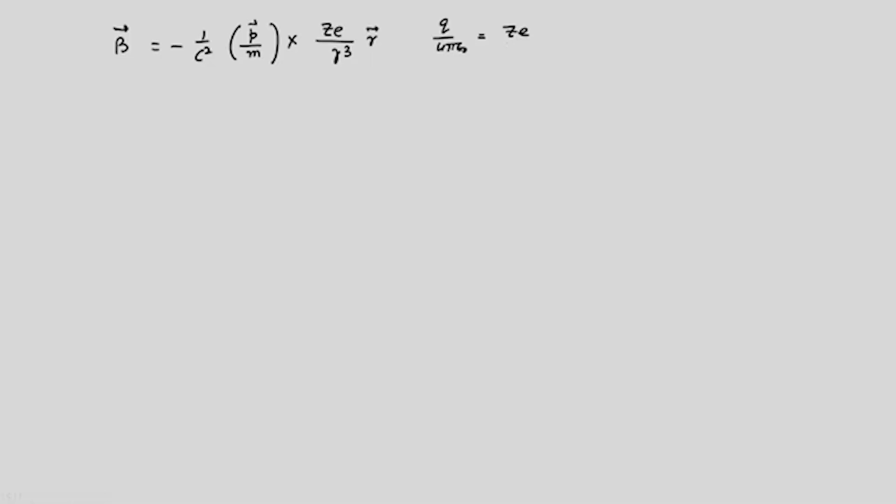So, you can write Z equal to 1 as well. So, this is the form of the magnetic field. Who feels the magnetic field? The electron feels the magnetic field because of the motion of the proton in the rest frame of the electron.